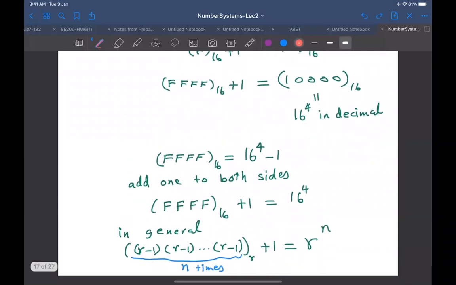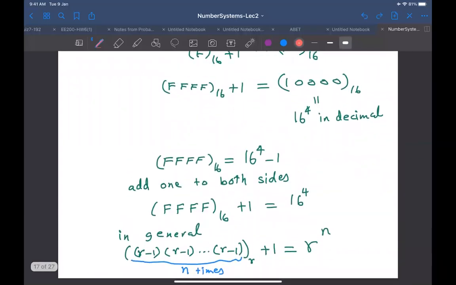So in general, if you have a number, the maximum number of n digits in base R, which is represented this way, plus 1, then the answer in decimal is going to be R to the n, and in base R, it's going to be 1 followed by how many zeros? In base R, they are n zeros, okay, n zeros. All right, because we have here n digits. Okay, do you get that?